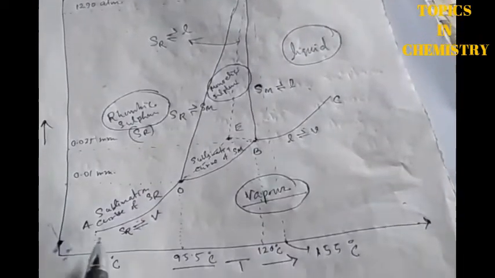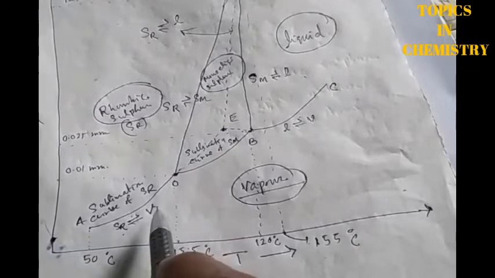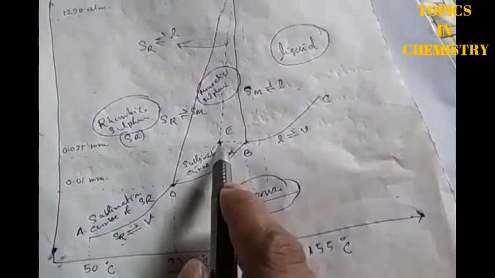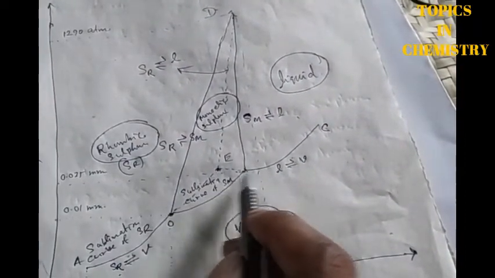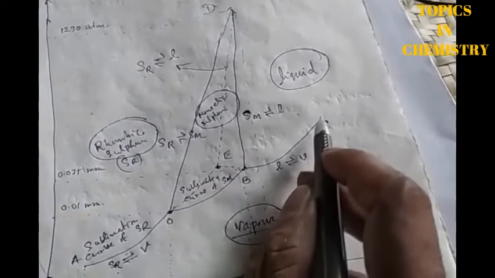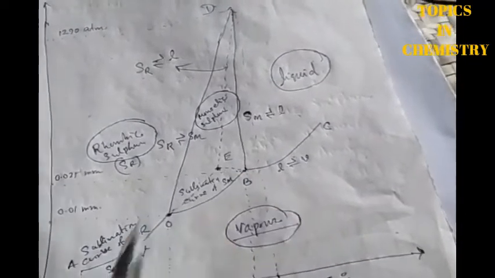So here you can see first this is the metastable equilibrium where rhombic sulphur is in equilibrium with vapor. Here melting of rhombic sulphur occurs, rhombic sulphur converts to liquid, and this is the melting point curve of rhombic sulphur. And in the dotted line the solid is converted to liquid. This is a liquid-vapor equilibrium extended line. So these three dotted lines are all metastable equilibria.